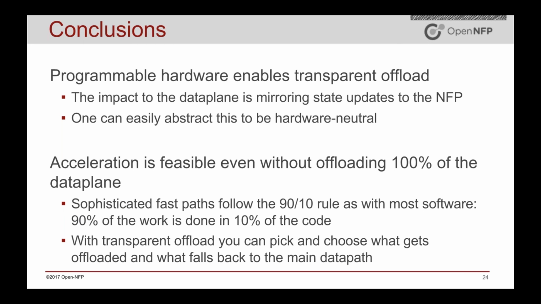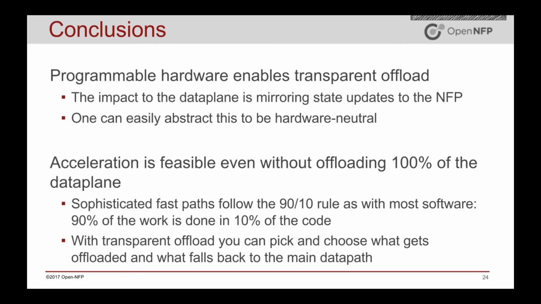The fact that we can adapt it to different types of workloads, whatever we could imagine, in this case a particular data plane, means that we only have to copy the configuration, basically copy the algorithms that are used in the data plane down into the NFP, and mirror any state updates that occur in the main data plane down to the NFP as needed.